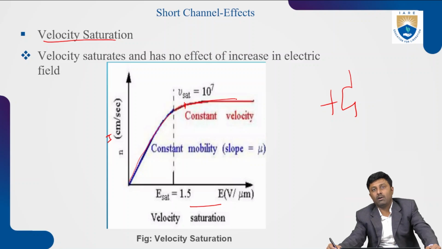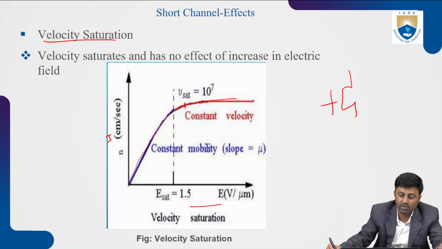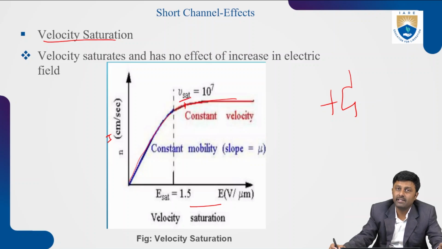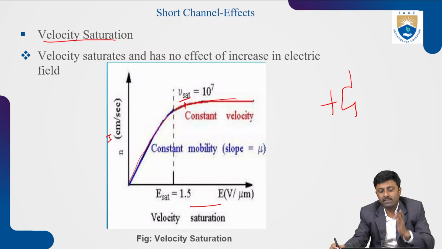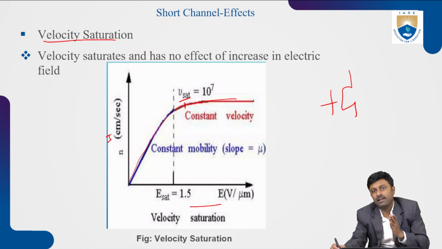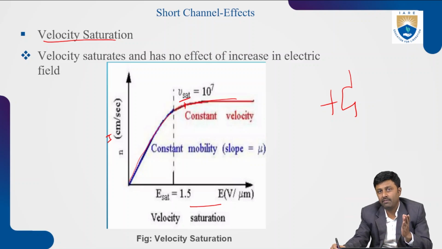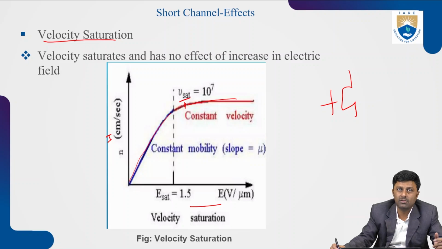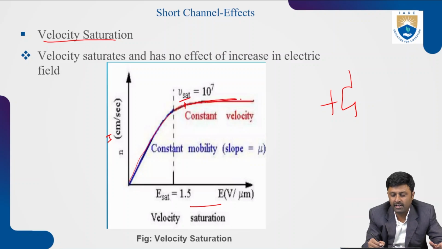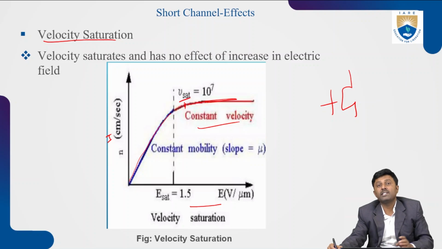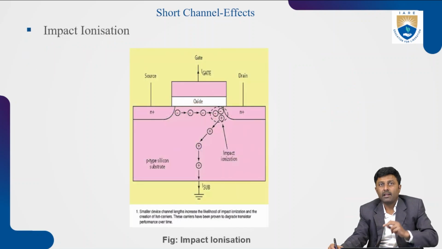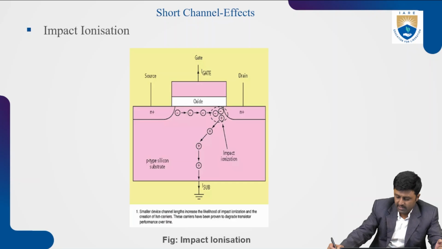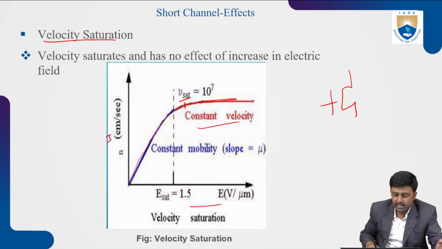This voltage we call the saturation voltage. So velocity saturation happens at V saturation. We can define saturation voltage as the voltage at which, even if there is an increase in the input voltage, the current flow will become constant. This effect we call velocity saturation. So this was about velocity saturation.